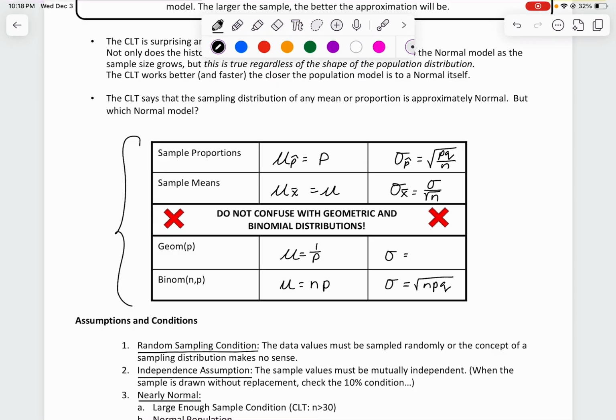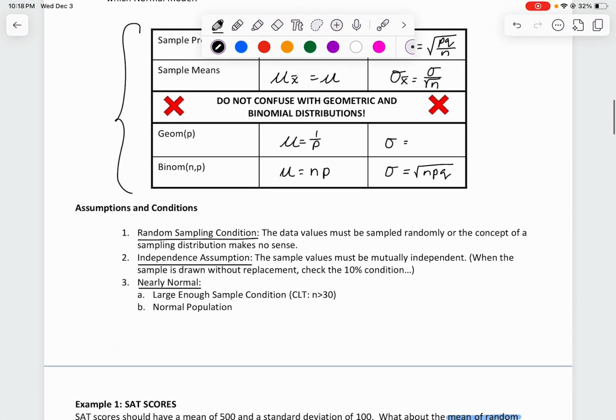Be careful that the sampling distributions for means and proportions are not confused with the binomial and geometric distributions. The biggest thing to remember here is your random sampling condition, your independence assumption, and the nearly normal condition. Notice I mentioned the CLT if your population is not normal, or if your population is just normal itself. These are the 3 conditions you're going to need to check.